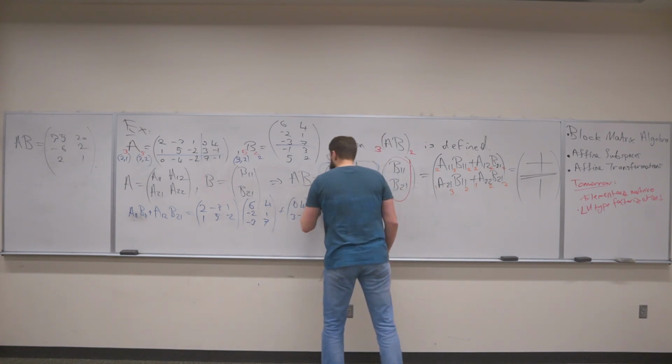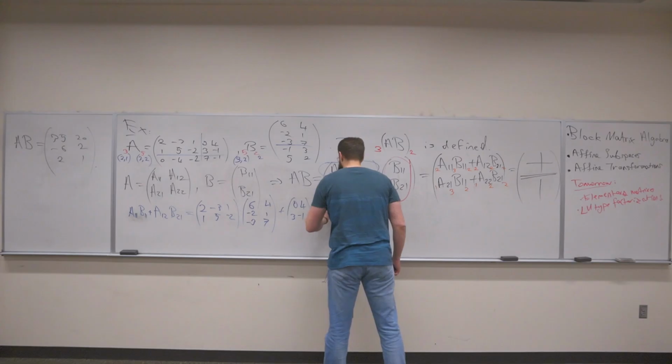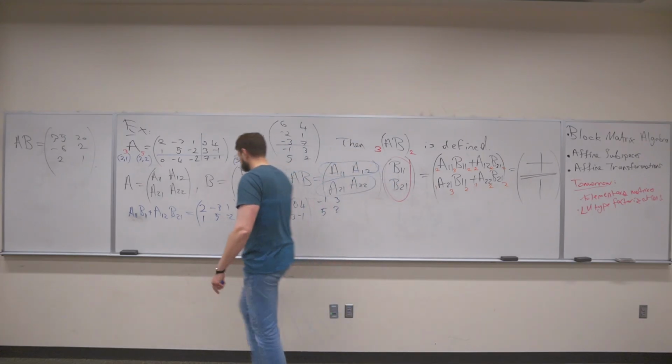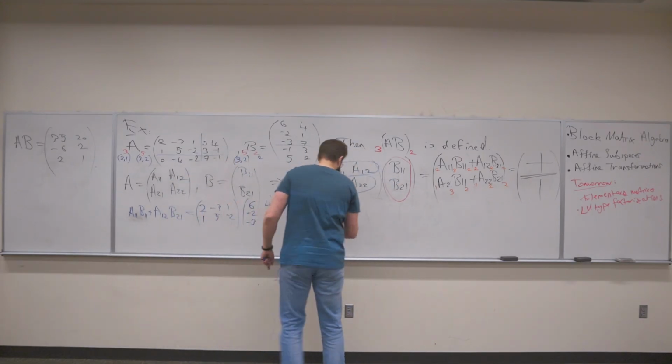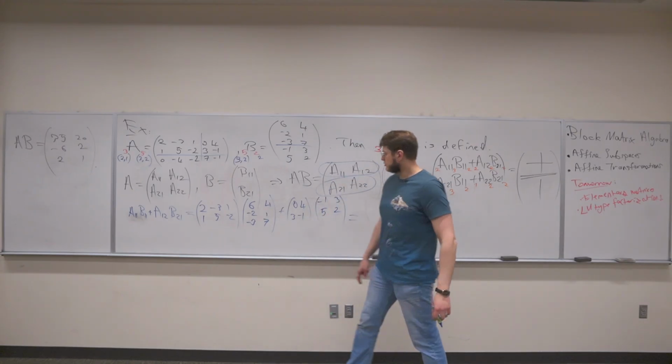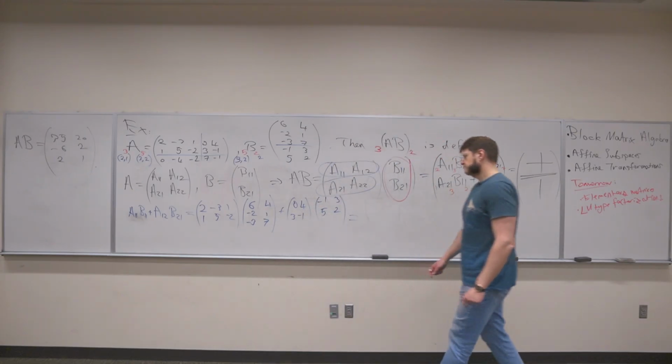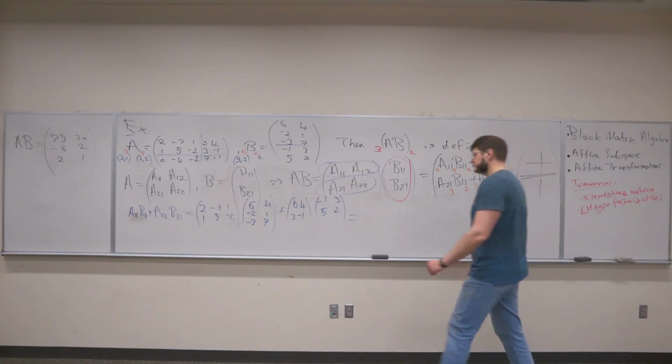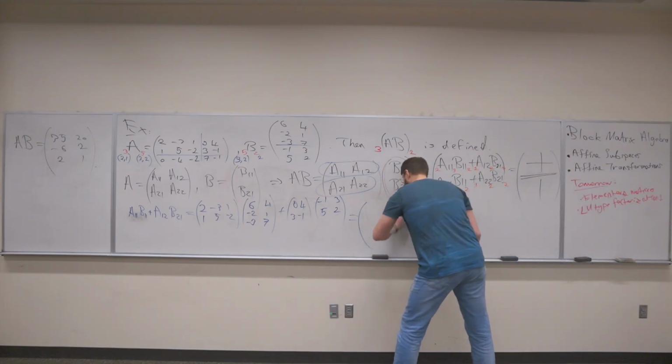B21 is this, 2 by 2. Oh, that's a 2. And so I'm going to end up with a 2 by 2 ultimately. So let's do this first multiplication.